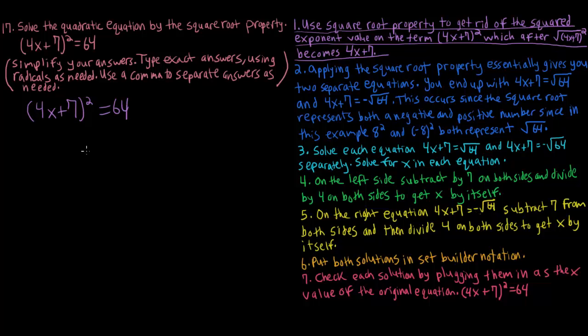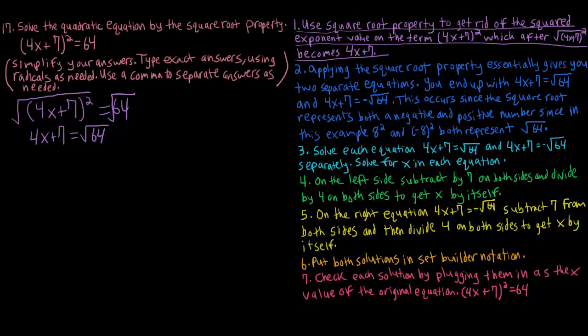And if we apply the square root property, then we're going to put the radical over both sides, and then we end up with just 4x plus 7 by itself equals the square root of 64.